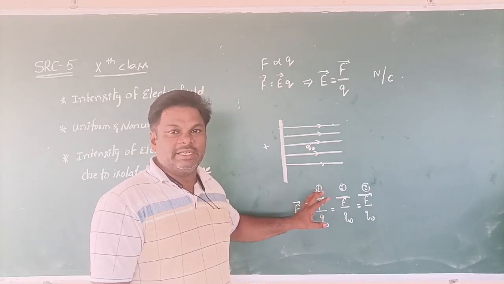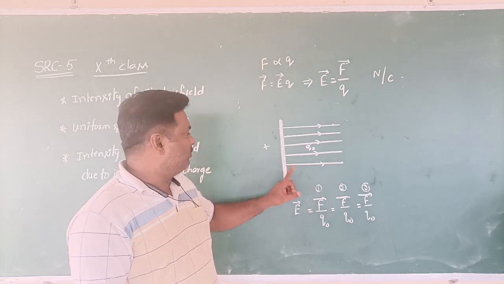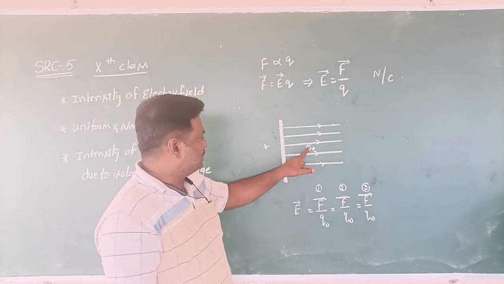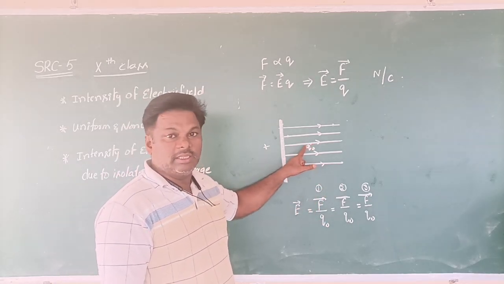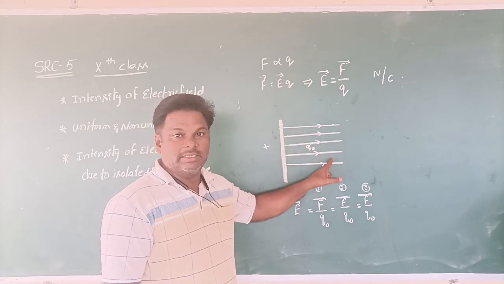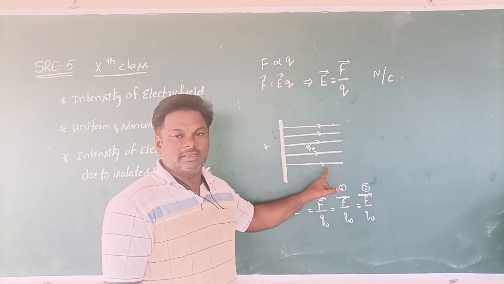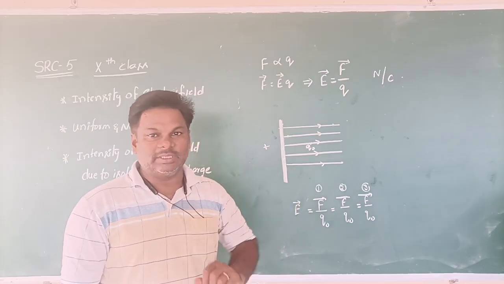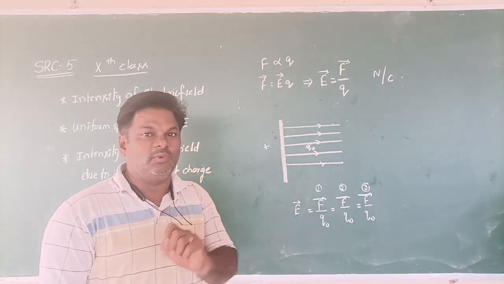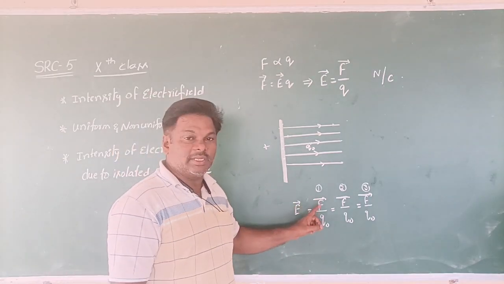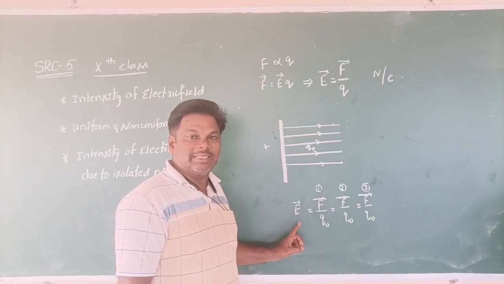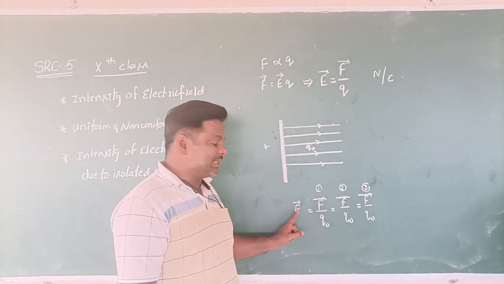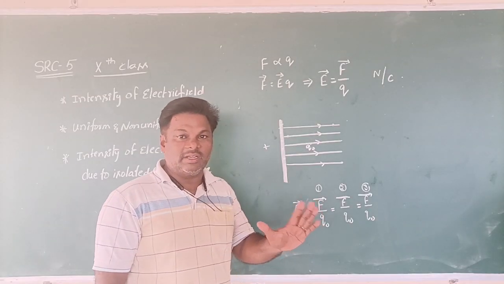So electric field intensity is uniform when a positive test charge is located in the field, wherever it is, it will experience the same force, the same force per unit charge. Then we call this the electric field intensity or electric field strength.